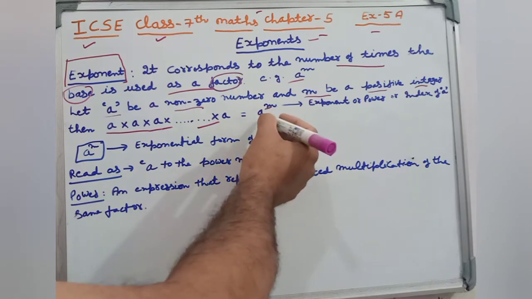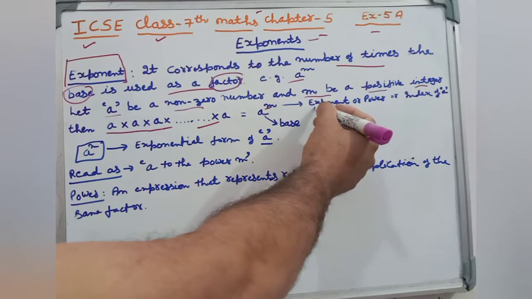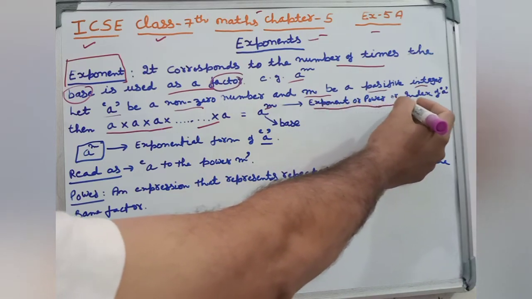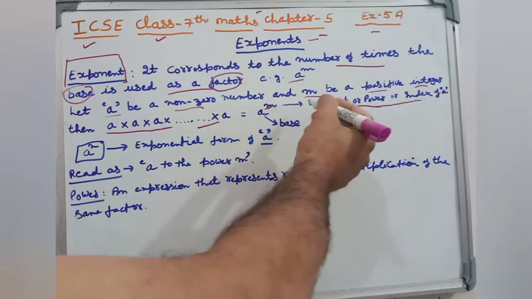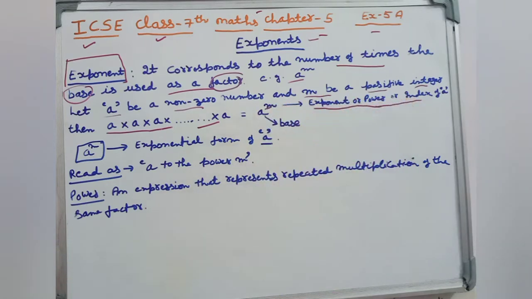Then we can write a raised to power m, where m is called exponent or power or index of a, and a will be called the base, right?